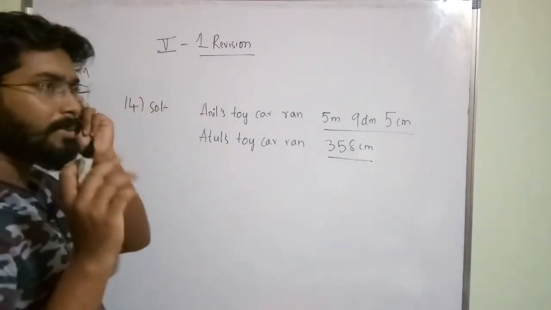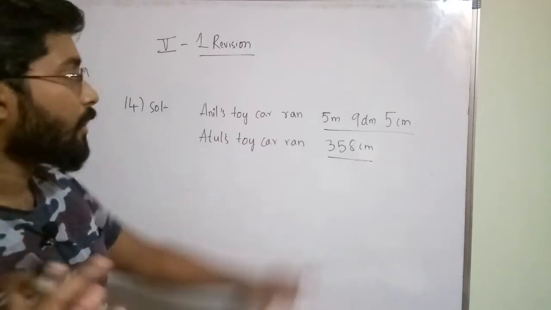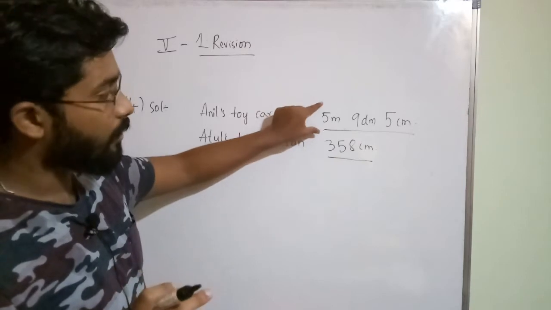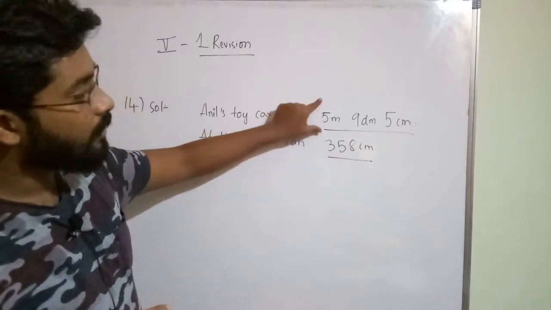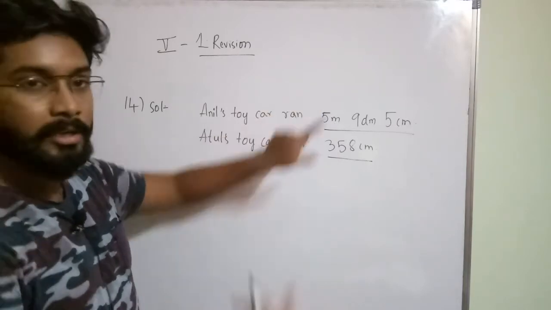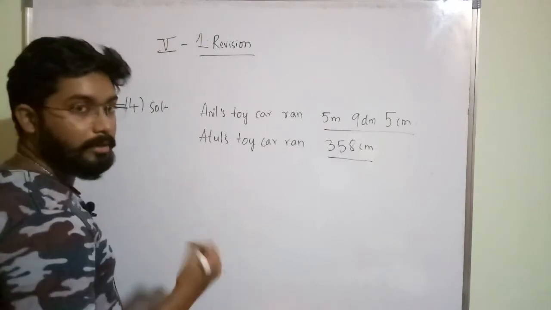The addition and subtraction should take place between the same units only. If this is in centimeters, this should also be converted to centimeters. If this is in meters, this should also be converted into meters. That is the major point you have to remember.